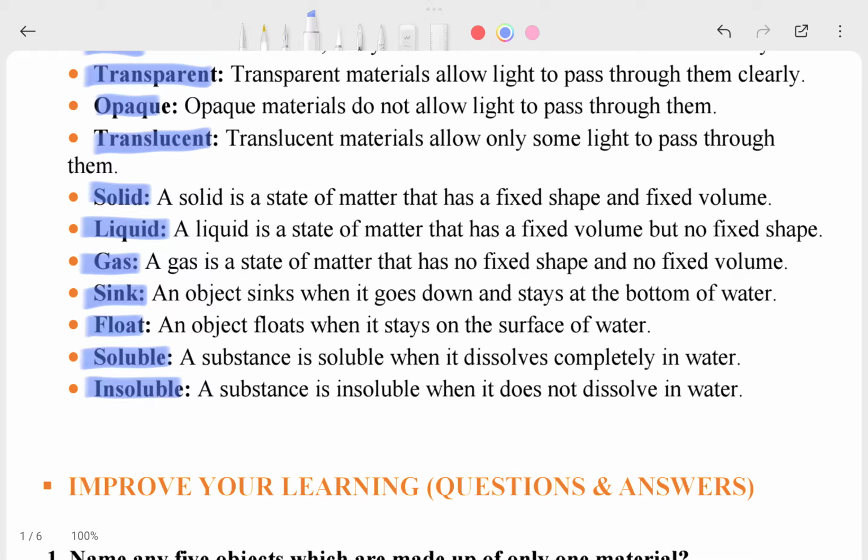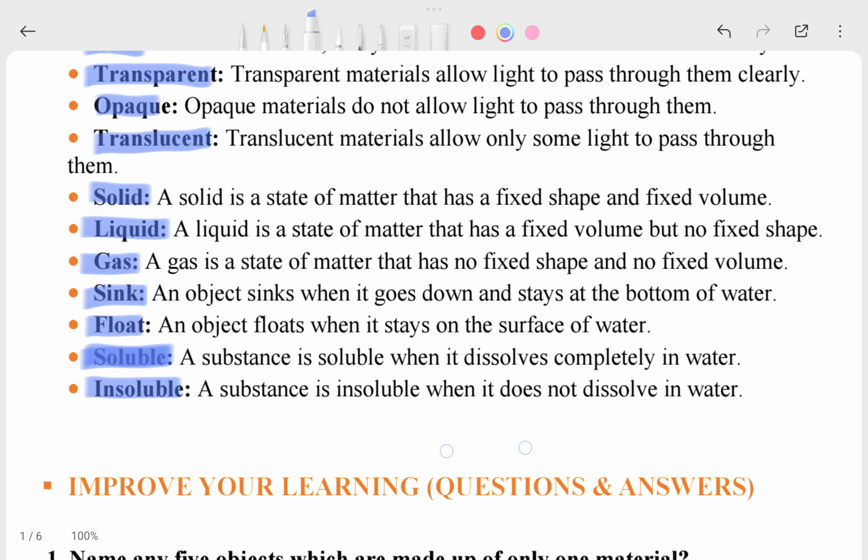Otherwise if you take water and salt, when you mix, it is going to dissolve. So when it is going to be mixed, that is called soluble. If you take other things, like a stone, and when you put it into water, it is not going to mix. So when it is not going to mix, that is called insoluble.